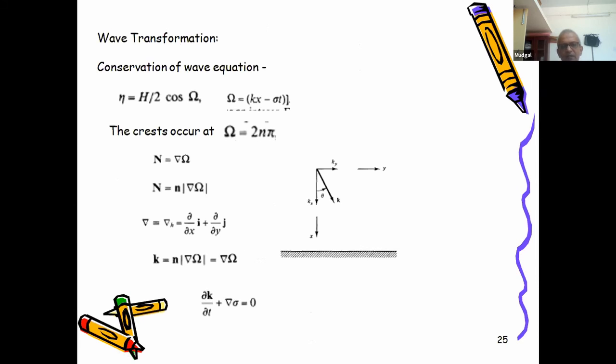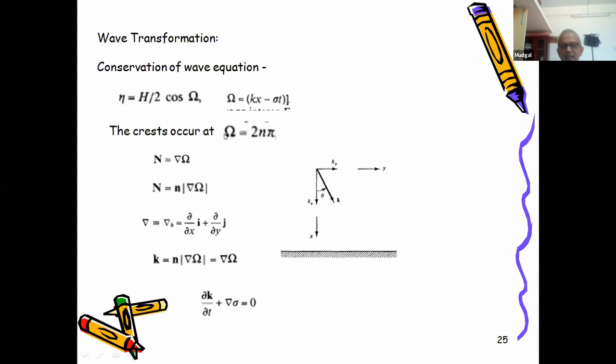Then you have the wave transformations. Basically, the wave transformations are shoaling, refraction and diffraction. And for that, we have the conservation of wave equation, which can be derived from eta equal to h by 2 cos omega, where omega is equal to kx minus sigma t.